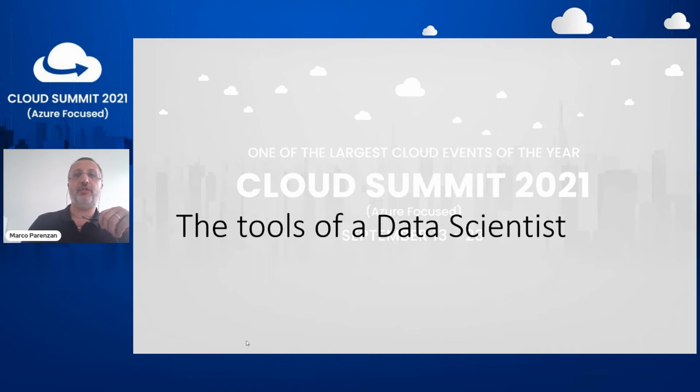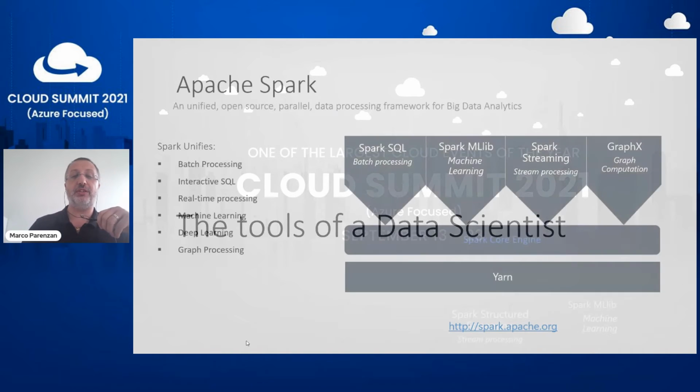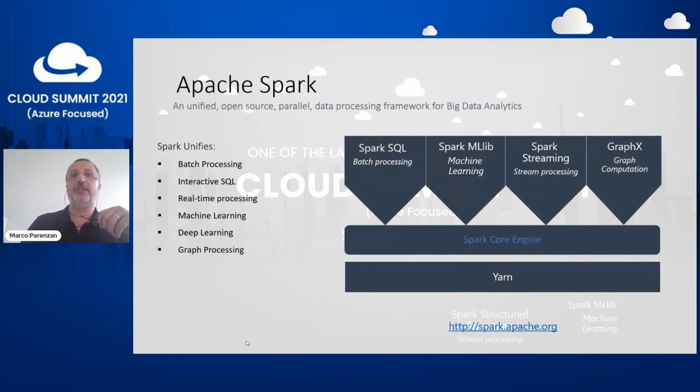So let's discover the pillars of a typical, modern data scientist. First, Spark. Spark is an open source engine, a cluster management platform that allows you to implement batch processing and real-time processing that scales, because it can work on a little data or big data, gigabytes, terabytes of data, in a scaling and elastic way.